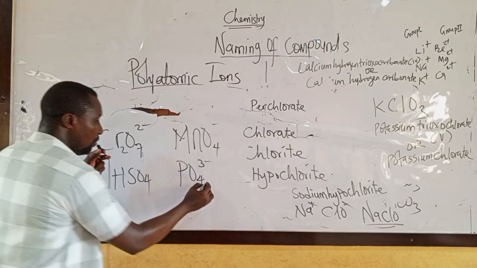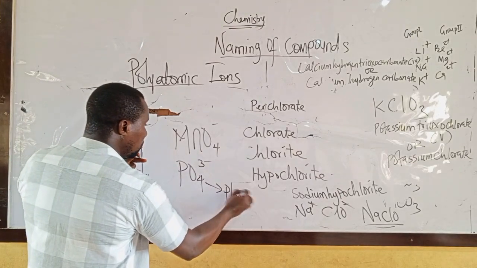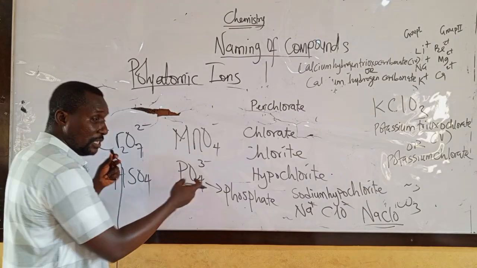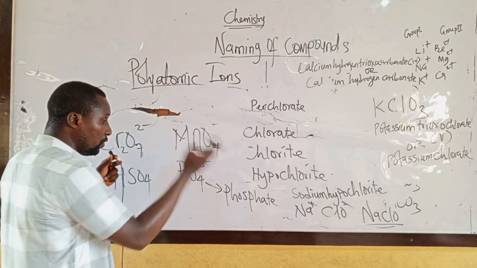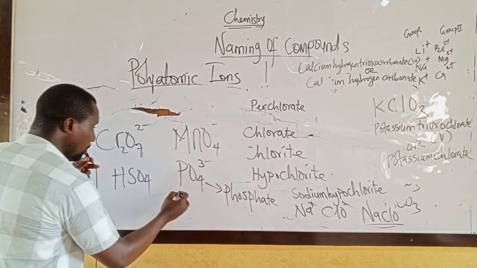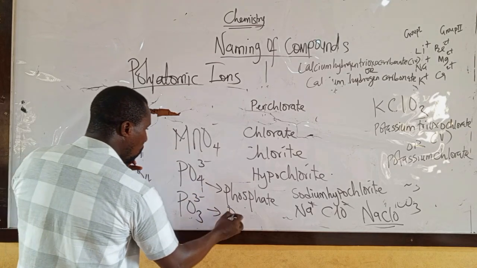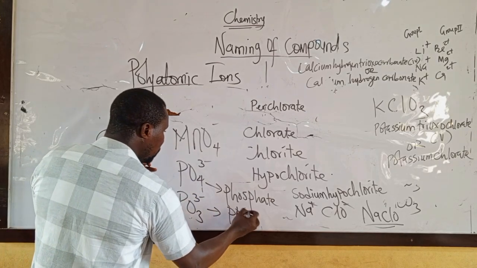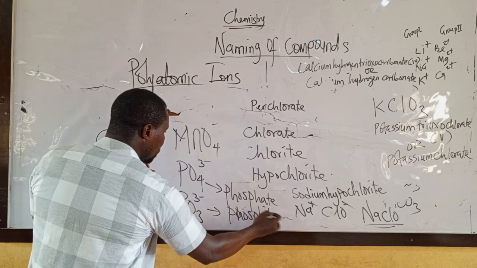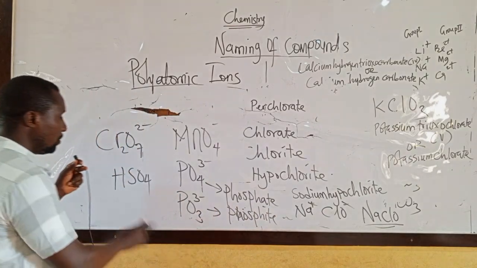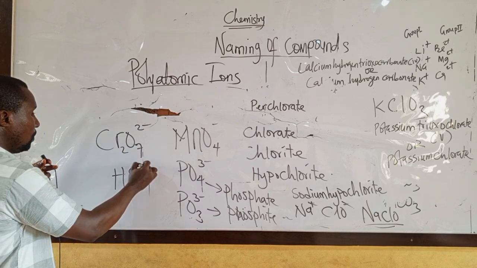This one is phosphate. Then you can get the other name, which is tetraoxophosphate. Try it. PO3 3 minus. This one is phosphite. You can get the other name for it. You can try all these at home.